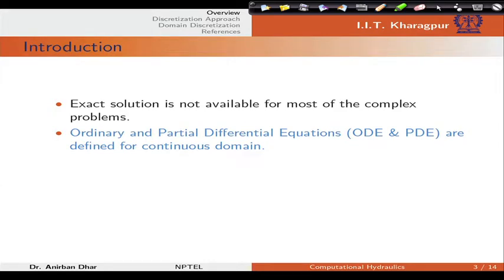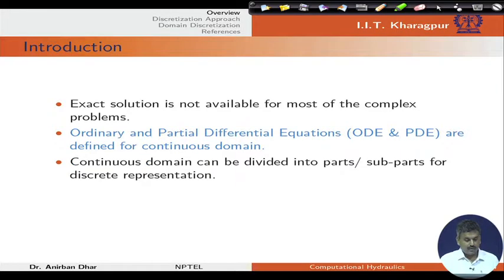So, these ordinary and partial differential equations are mostly defined for continuous domain. That means the value should be available for all points within the domain, and this continuous domain can be divided into parts or subparts for discrete representation.